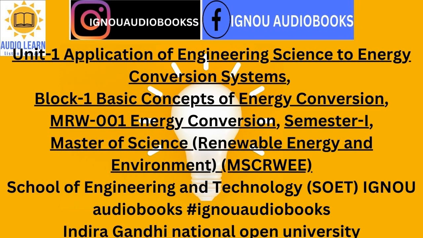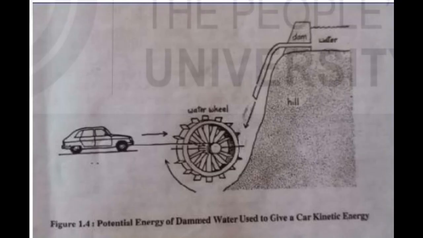The potential energy of the water on the top of the hill becomes kinetic energy of the water flowing under the water wheel. This in turn becomes kinetic energy of the rotating wheel, which is used to give kinetic energy to the car. An alternative method of using the energy of water is to allow it to drive a more modern version of the water wheel, a water turbine, which changes the energy of the water into kinetic energy of a rotating shaft.